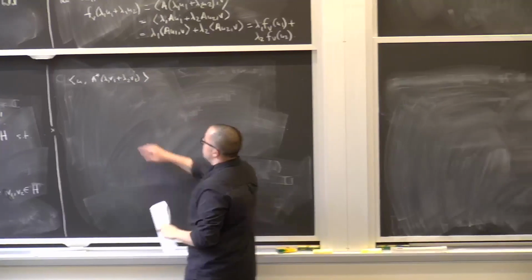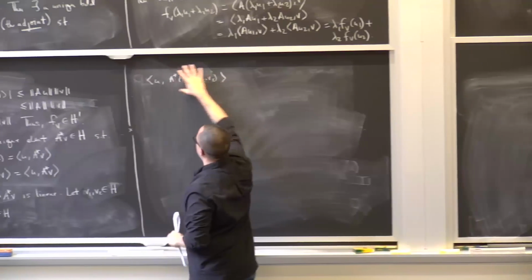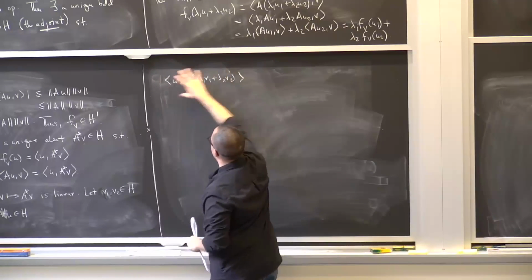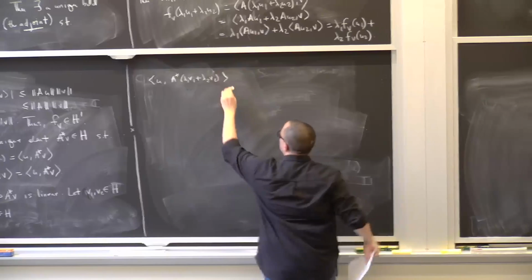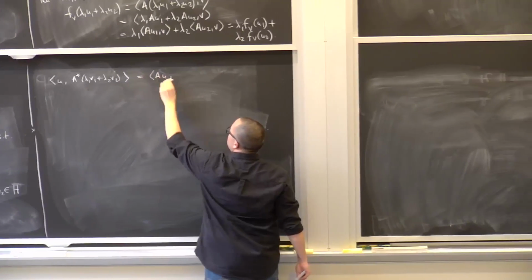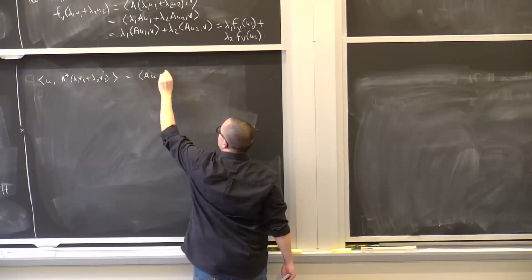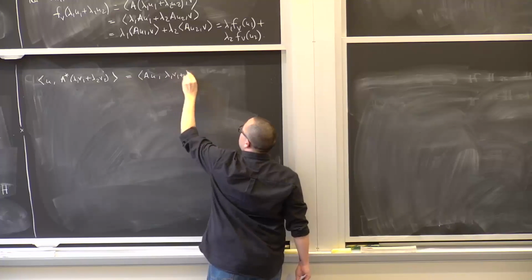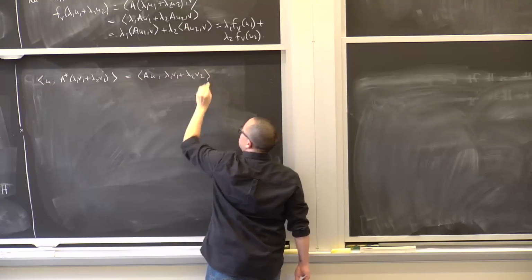Remember, this is the element defined by this being equal to the inner product of Au with lambda 1 v1 plus lambda 2 v2.